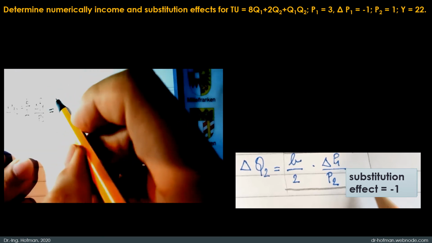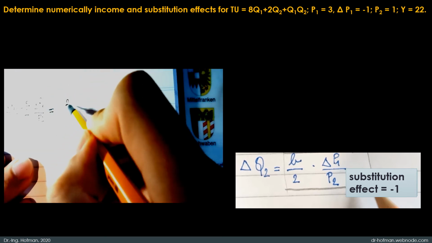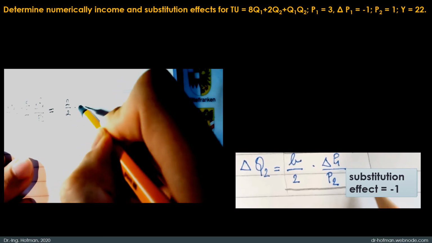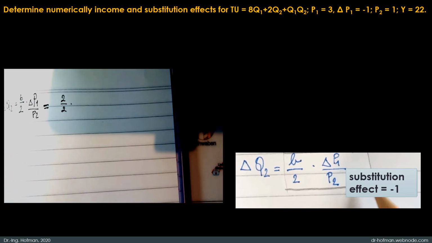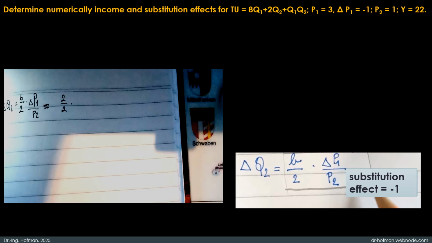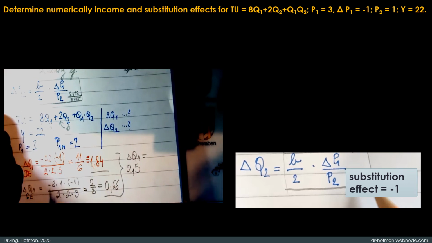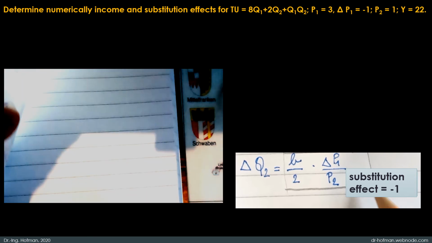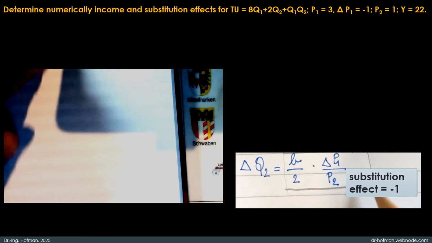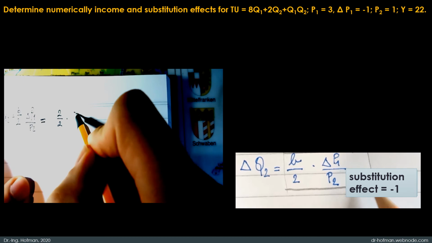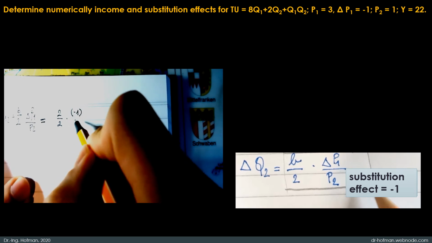We can write that 2 over 2 times delta P1, which was minus 1, over P2, price 2, which was 1: minus 1 over 1.